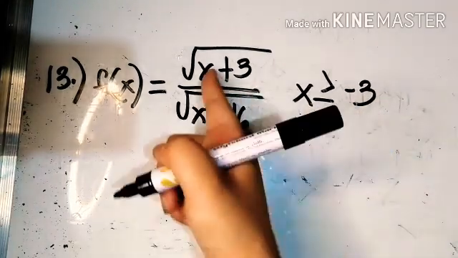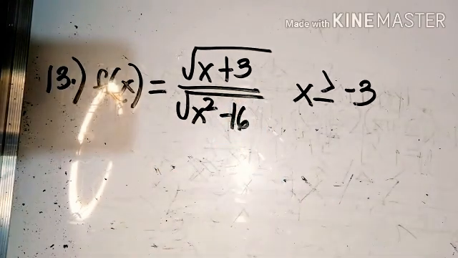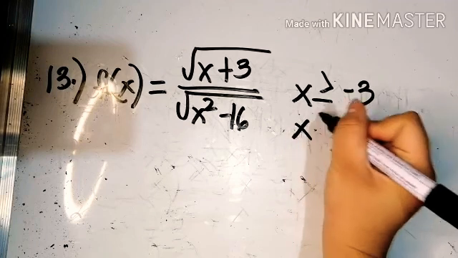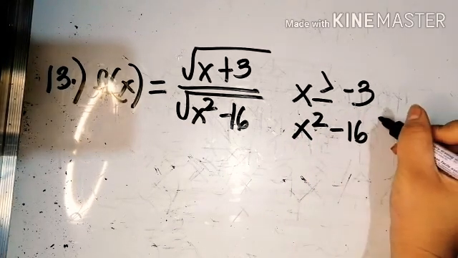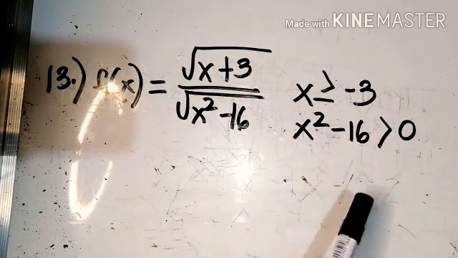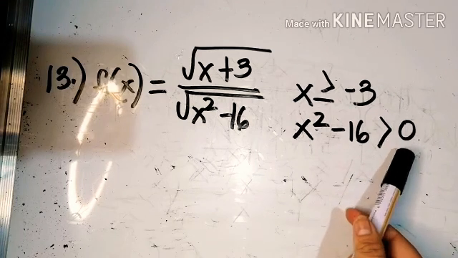So, x can be greater than or equal to negative 3 dun sa taas, sa upper part. Dito sa lower part, it can be x squared minus 16 greater than 0. Greater than 0.